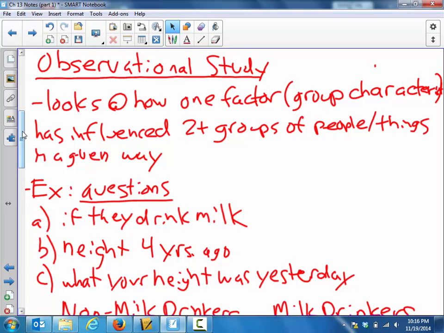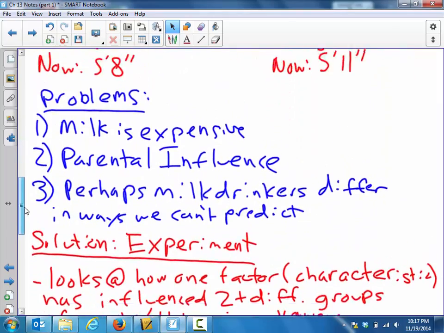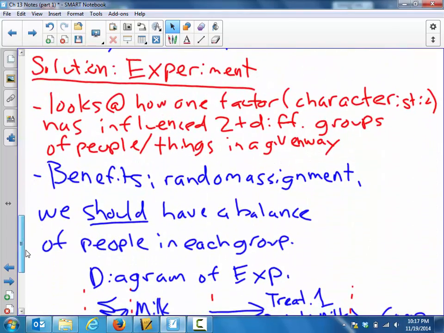So for instance, think back to if I've got 50 people who I've interviewed in the cafeteria, and I've grouped them into non-milk drinkers and milk drinkers based upon their diets for the past 4 years. Because those two groups differ in ways that I can or cannot predict, I can't generalize the results to the Yorktown High School student body at large, but because the treatment, that is to say, people drinking milk or not drinking milk, they did themselves, it eliminates some of the work for me in looking at the effects that milk has based upon heights of these groups of people.